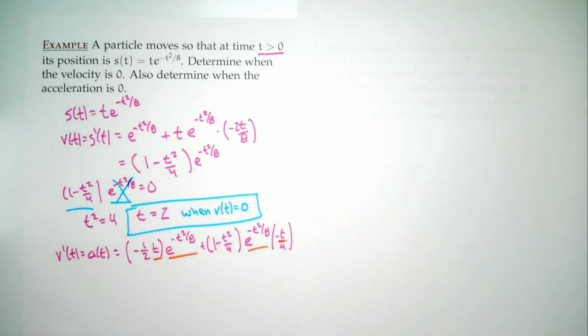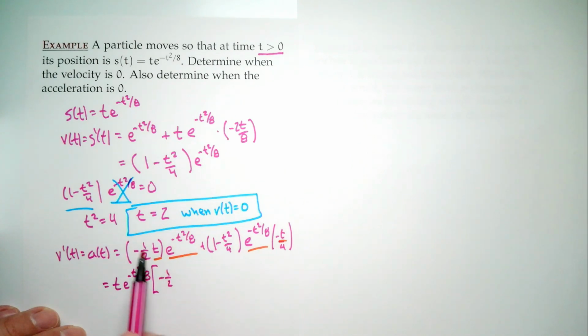So I could pull that out. So once we pull that out, we get t e to the minus t squared over 8. And what's left? Well, from the first term, we have minus a half left. From the second term, we're going to have 1 minus t squared over 4 times minus a fourth.